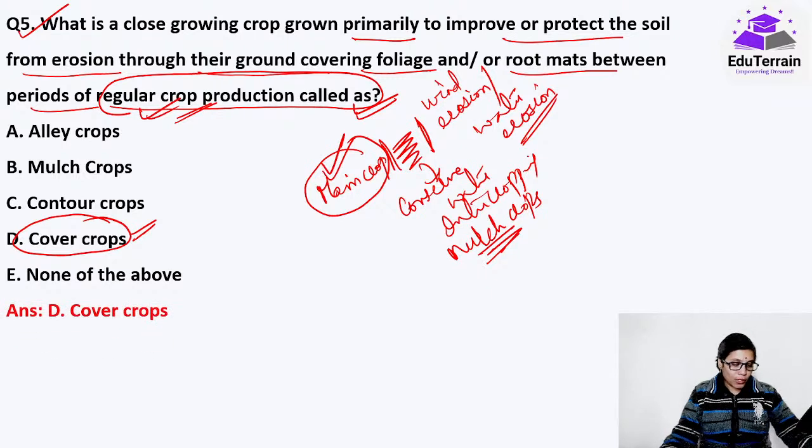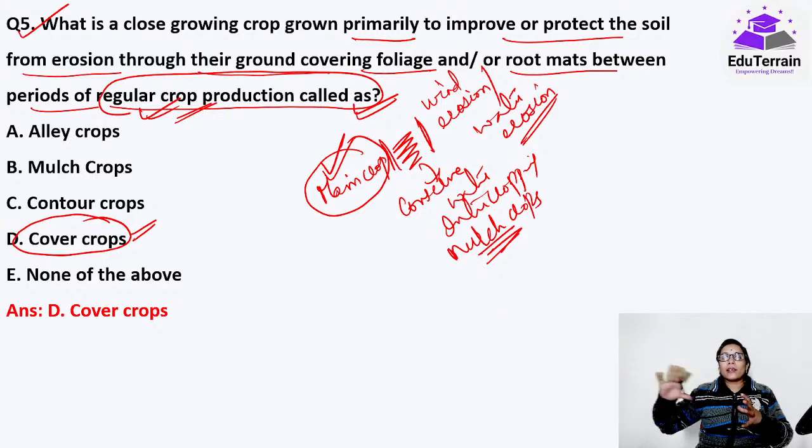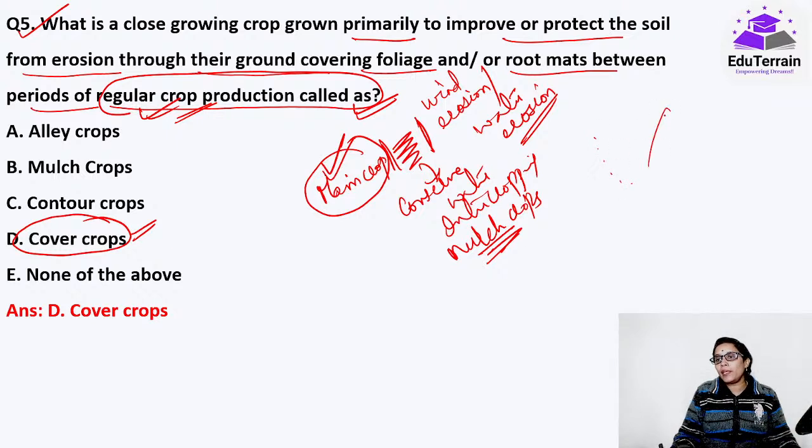Okay, so please be very very careful. Contour crops or something, see when we talk about hilly terrain, slopey areas, the height of that elevation points on that particular slope, whatever the same elevation points, now this slope is there, this is a line where these elevation points from the mean level are all the same points.